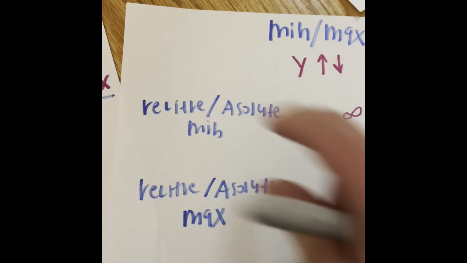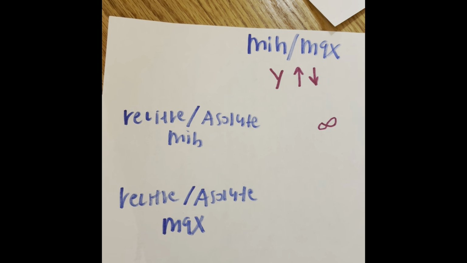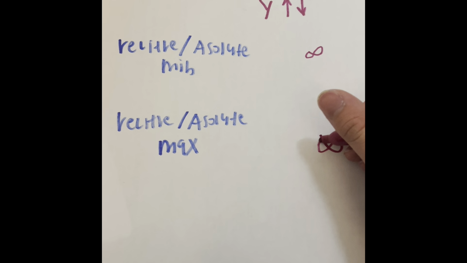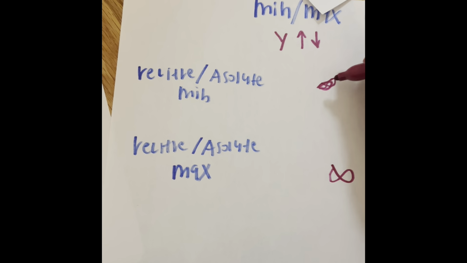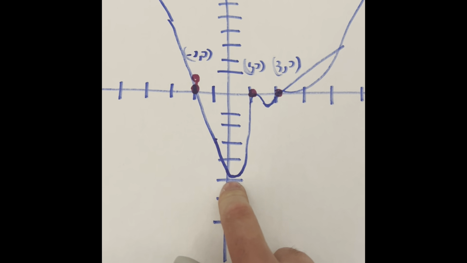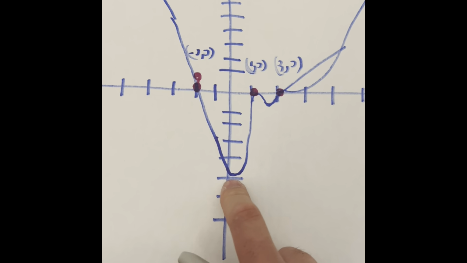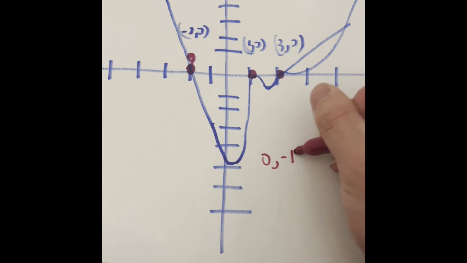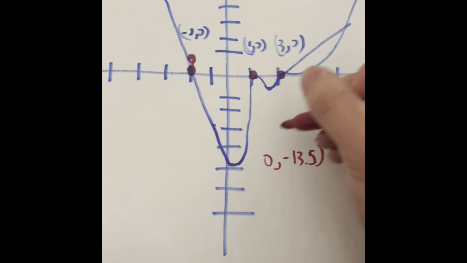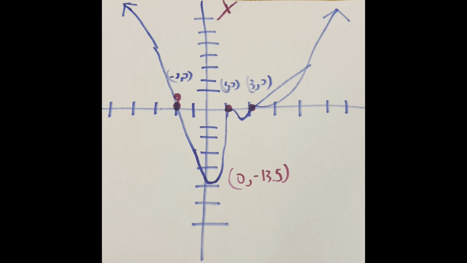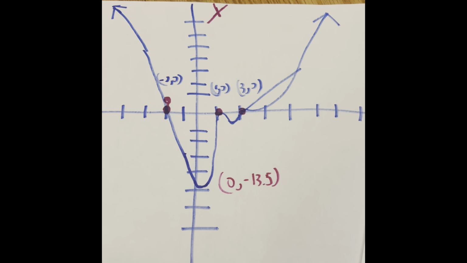For a relative minimum, the infinity is the maximum. For an absolute minimum, I'm going to say right there, that's negative 13.5. 0, negative 13.5. Saw this on Desmos, and it literally said on the y-intercept, negative 13.5.